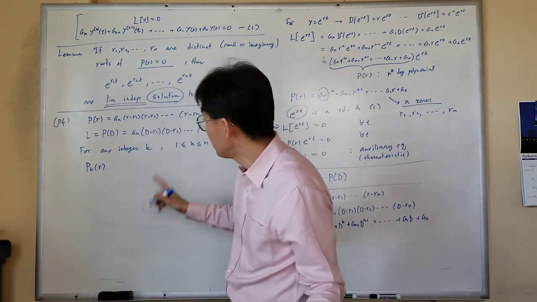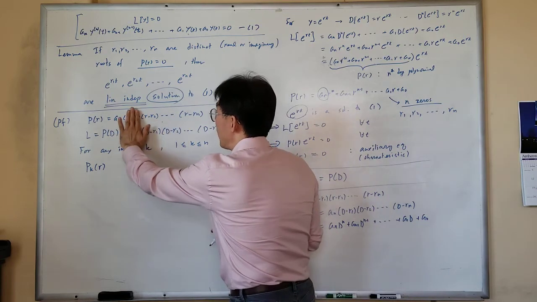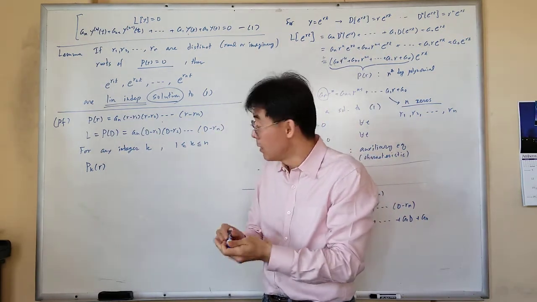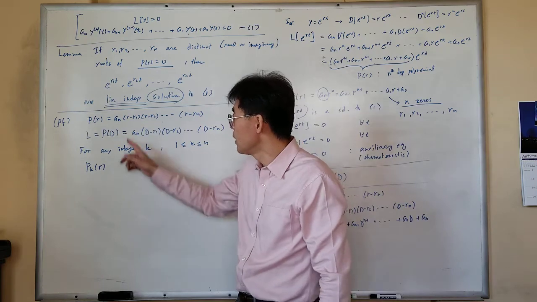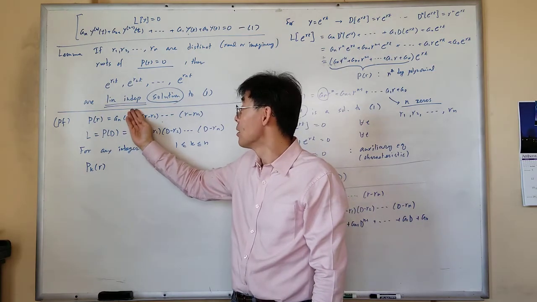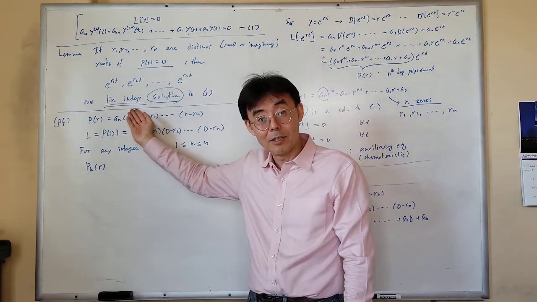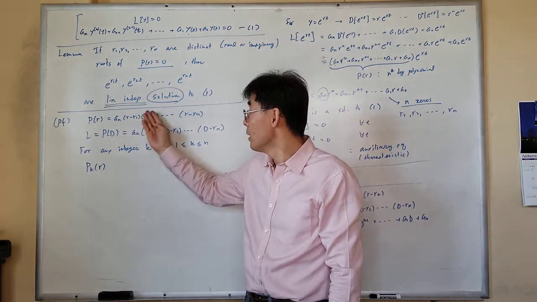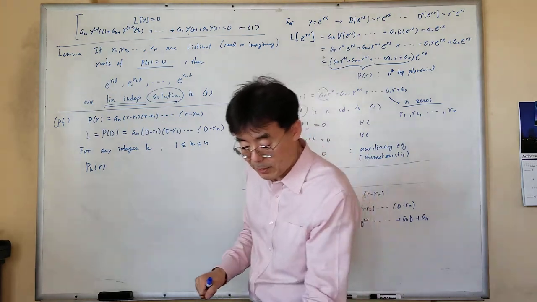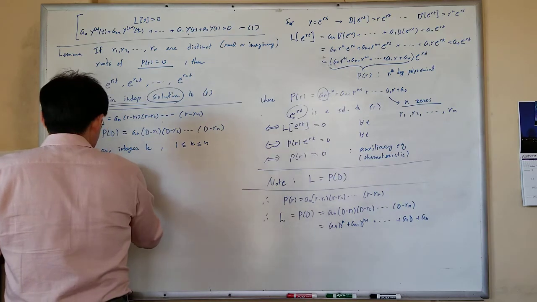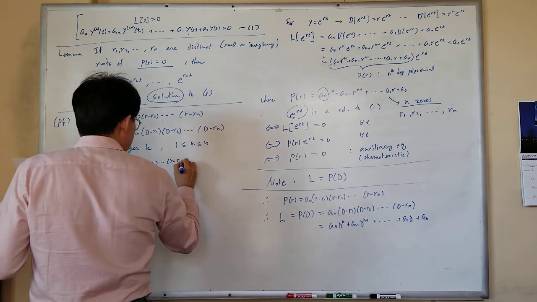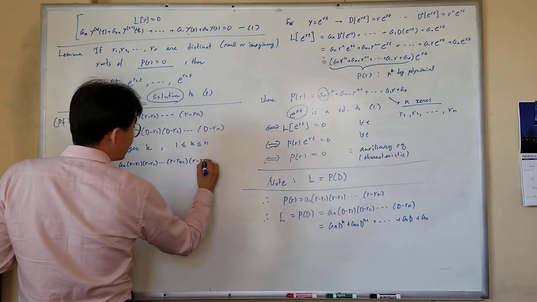It's like this: p1 means that out of this product you drop the first factor, and keep everything else. p1 of r is everything except for this term: an times r minus r2, r minus r3, through r minus rn. p2 of r will be everything except for the second factor. So pk of r is defined the same as p of r, except that it goes up to k minus 1 and then jumps to k plus 1.